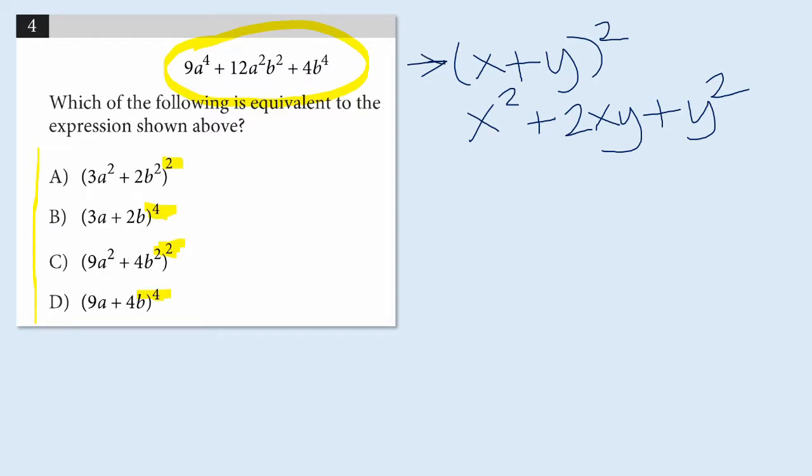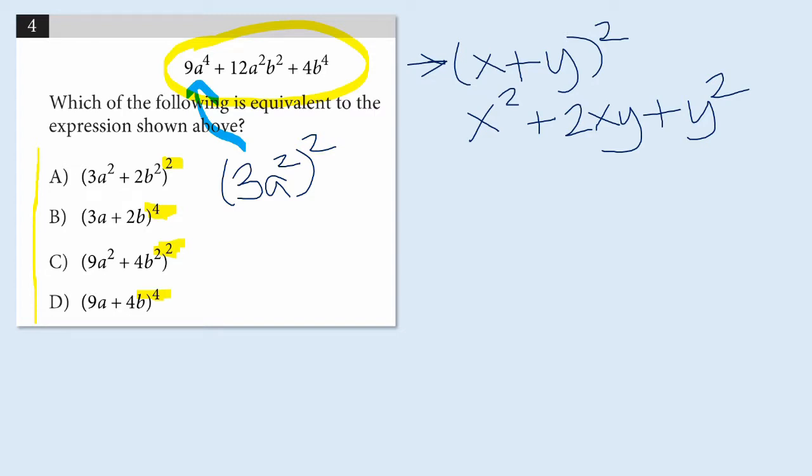But now let's ask ourselves, if the theme here is squaring, 9a to the 4th power is what value squared? Well, that's 3a squared to the 2nd power, right? Because 3a squared times 3a squared is 9a to the 4th power.